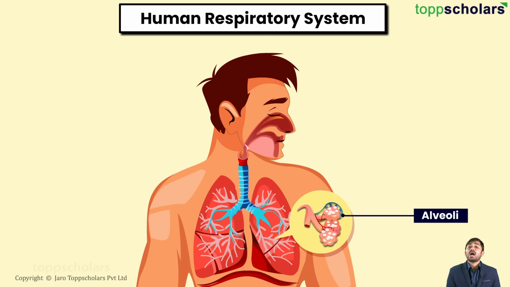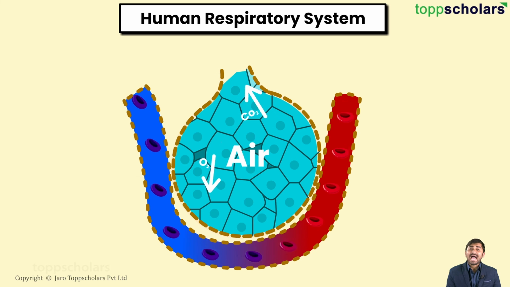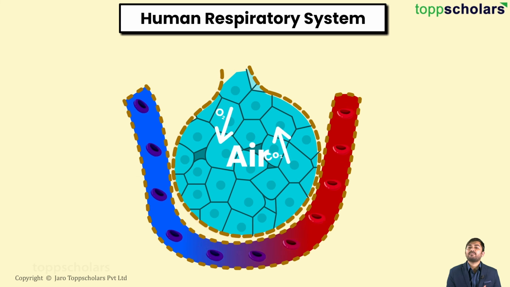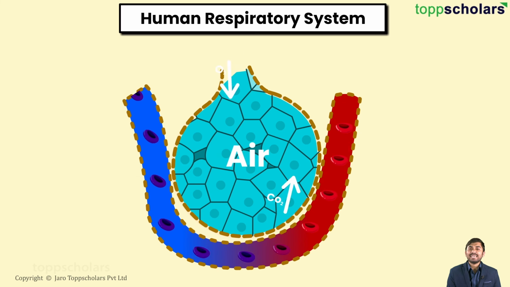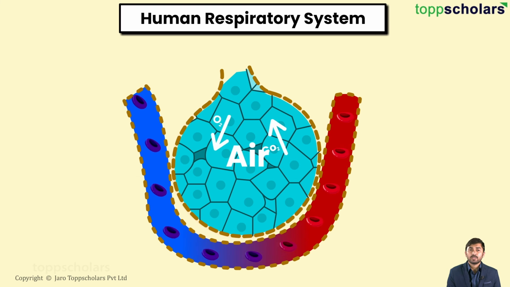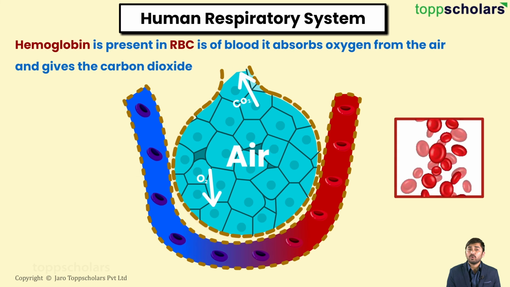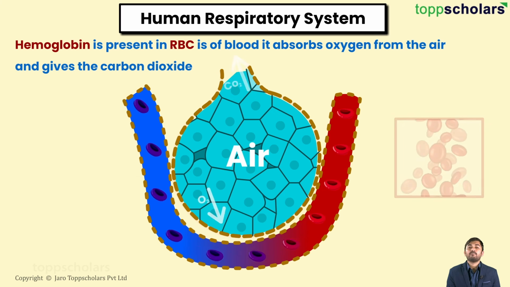So let's see how the gaseous exchange takes place. The exchange of gases takes place in the alveoli because the alveoli are richly supplied with blood vessels that take in oxygen and give out carbon dioxide by diffusion. An iron-containing protein, hemoglobin, is present in the red blood cells, that is RBCs, of blood.